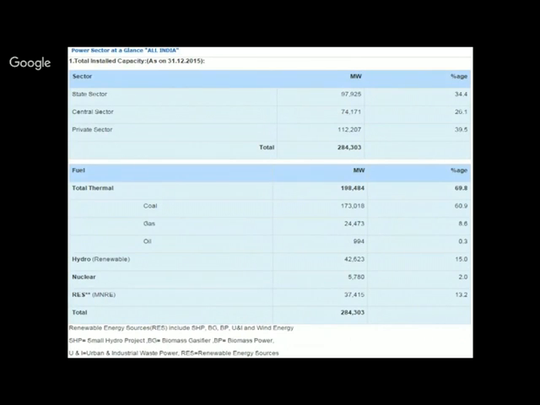That is also mostly used as a base plant. And next, other renewable energy sources, like small hydropower plants, biogas gasifiers, even wind and PV, together form around 37,415 megawatts.